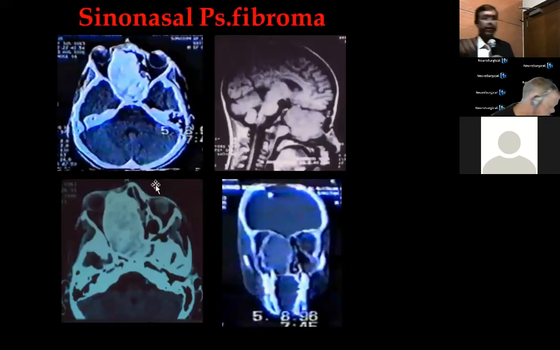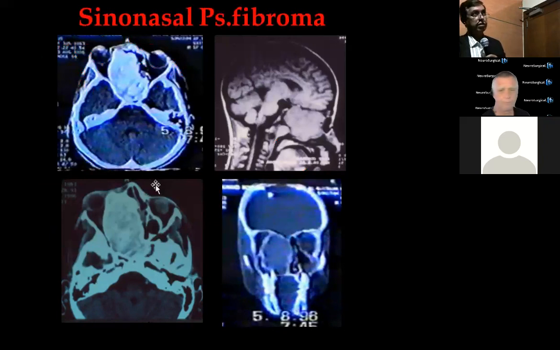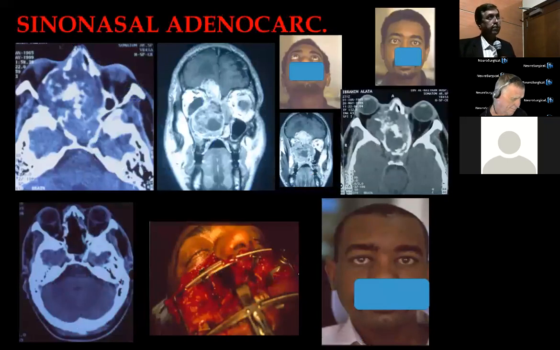Let's see. One of my cases, sinonasal papilloma fibroma with obstruction of the sphenoid sinus. Another patient of mine from Sudan with this tumor blocking the sphenoid sinus. This is pre-op, this is post-op.